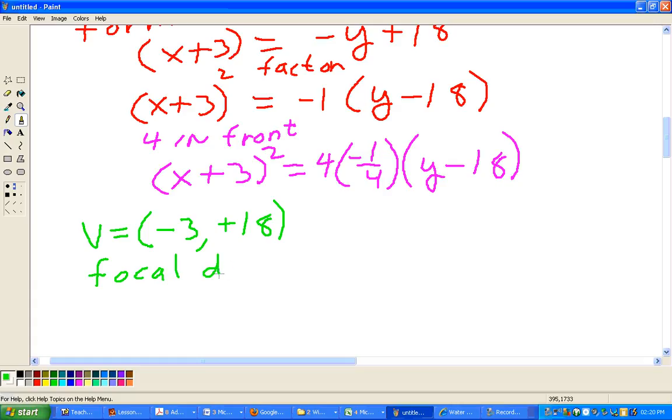So the focal distance is -1/4. The LR distance is double that, or a half. With that information, I can sketch the parabola.